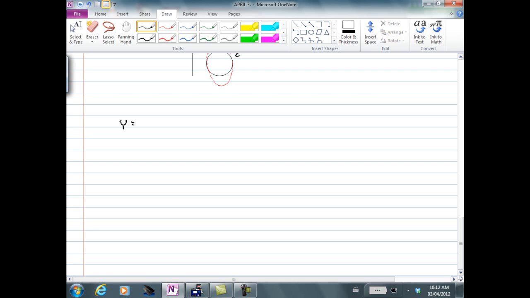y equals 1/3 f of x. We're going to highlight. See, look, y is by itself. 1/3 is a small number. So we're going to say this is a vertical, I'm going to call this V compression.